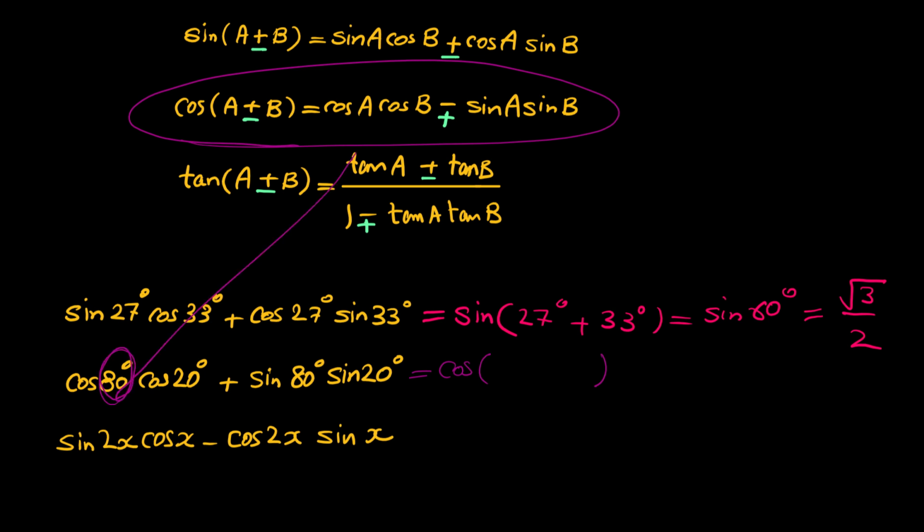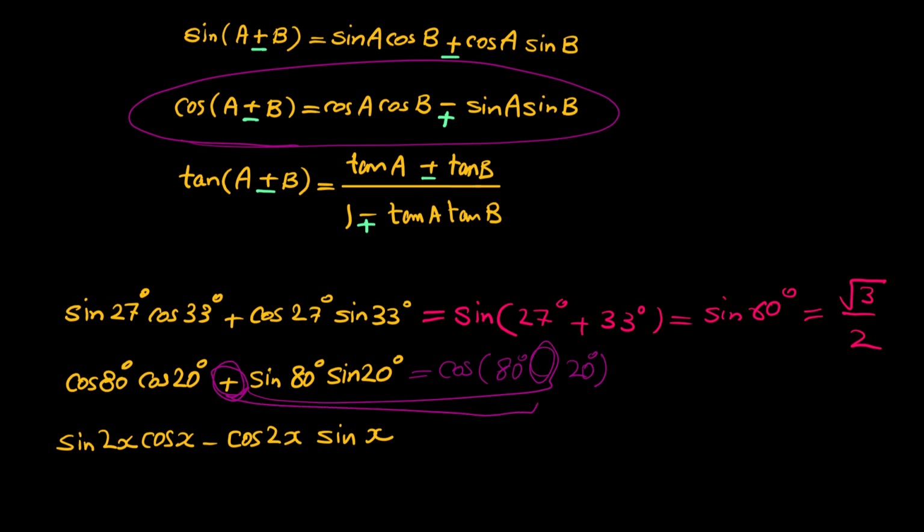The 80 degree is A, the 20 degree is B. So it equals cosine of 80 degree and 20 degree, but plus or minus? Because here is plus, here would be minus. For cosine, these two signs are opposite of each other.